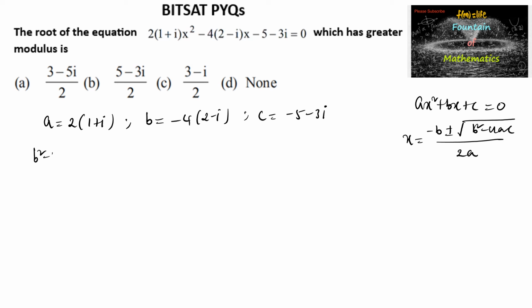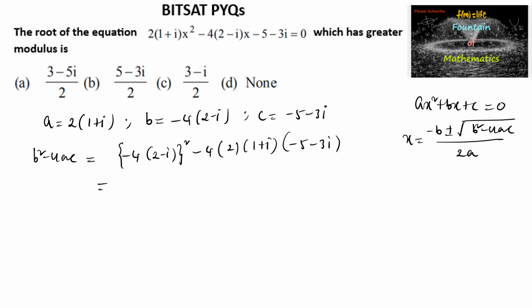Let's find first b² − 4ac, which is equal to [−4(2 − i)]² − 4 × 2(1 + i) × (−5 − 3i). So we can write (−4)², that is 16(2 − i)², and again here 4 2s are 8, and negative negative positive, so 8(1 + i)(5 + 3i).